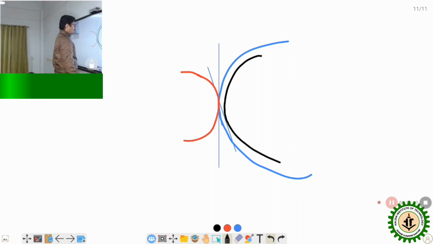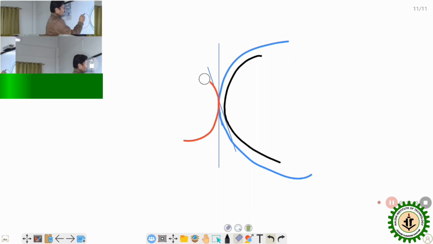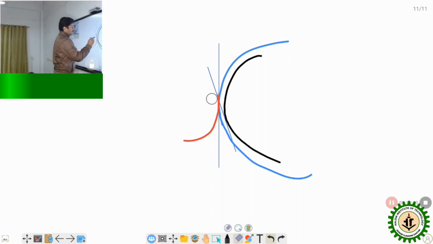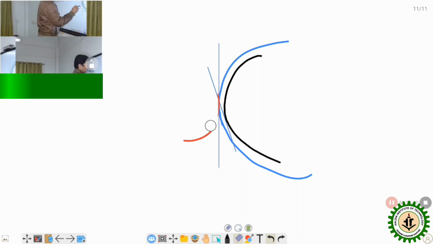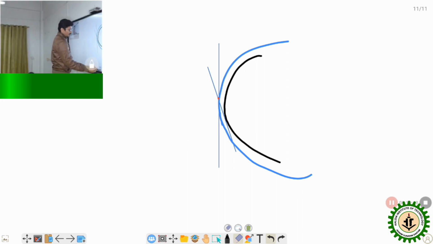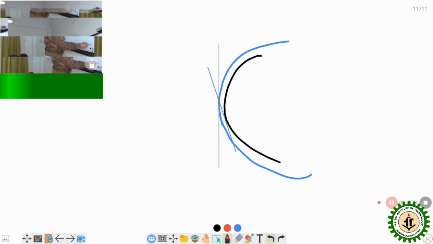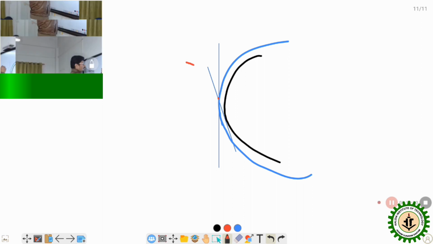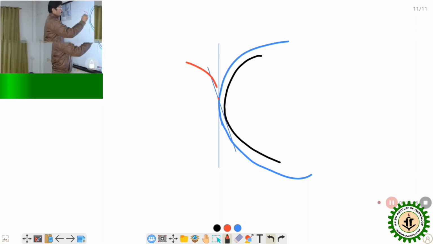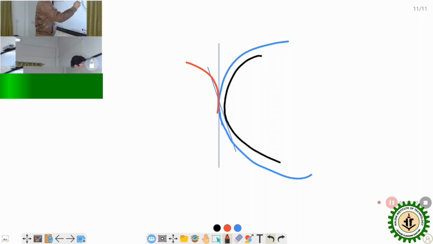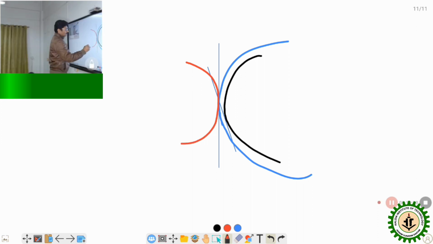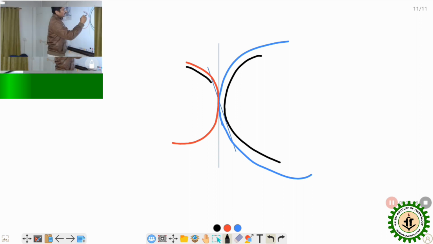This one is the base circle of the gear. Let me remove this first and draw it again, like that way, and the base circle of the pinion is passing like that.